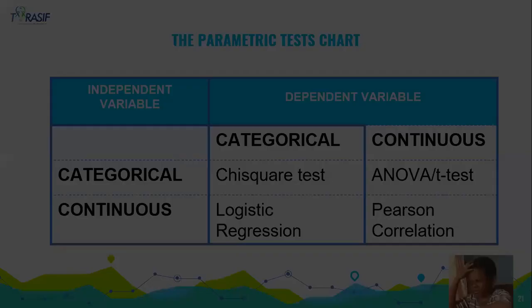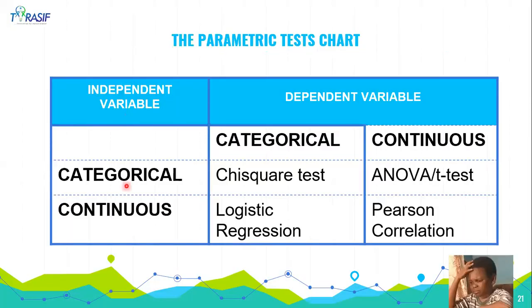Independent categorical, dependent continuous, it's ANOVA or t-test. Now, just because we have just two groups, controls and smokers, we will use the t-test. If we had up to three groups, as you would see in the next video, we would use analysis of variance.